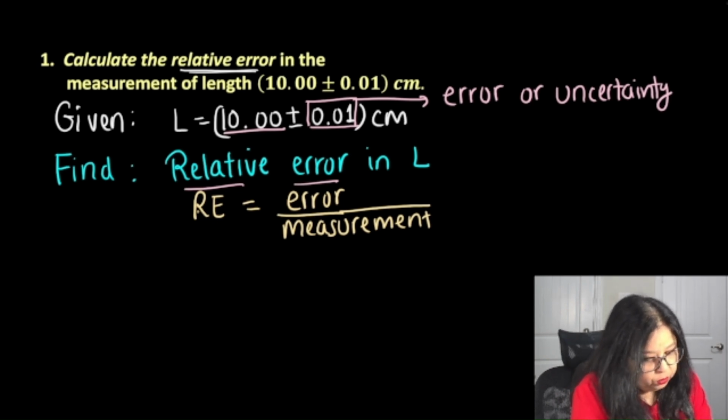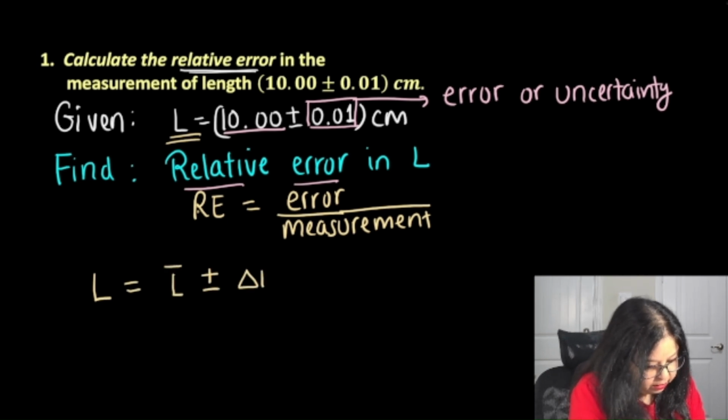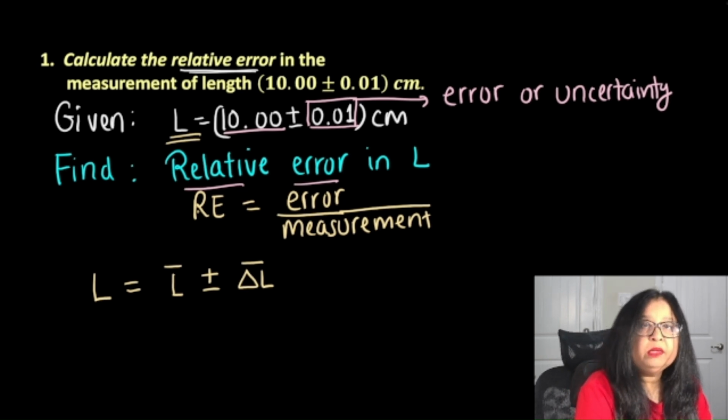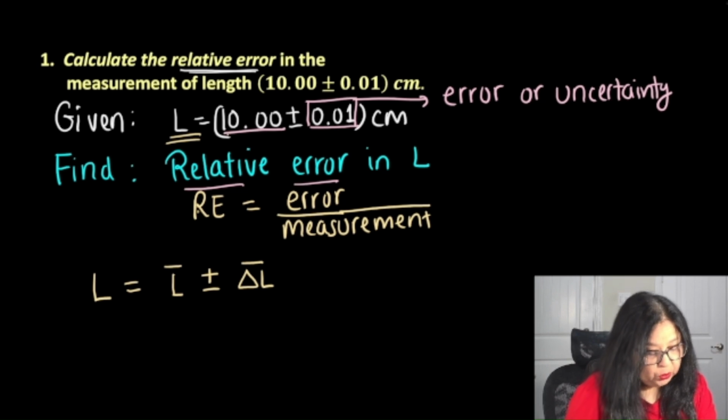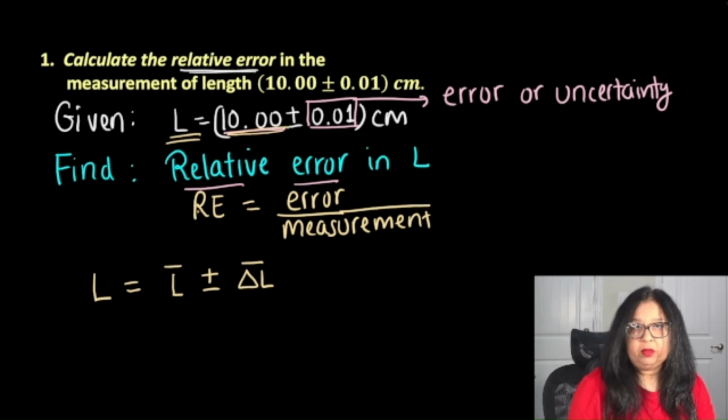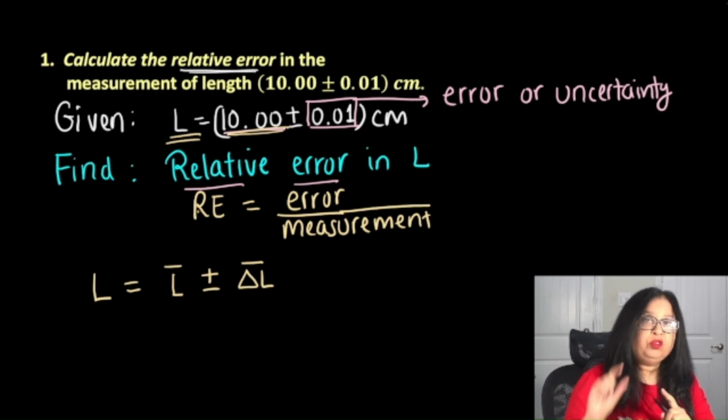Let's come back to this L. Let's write this L as L bar plus minus delta L bar. What does this mean? Now, we're measuring the length of something. More than likely, we're not going to measure the length just one time.